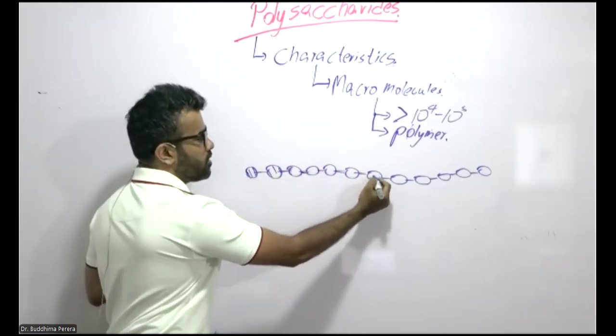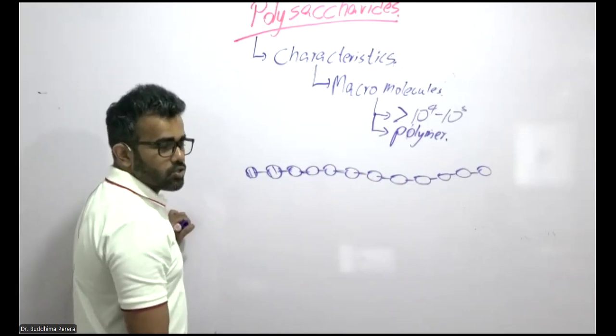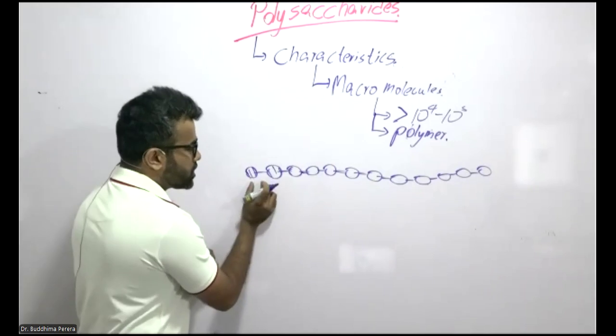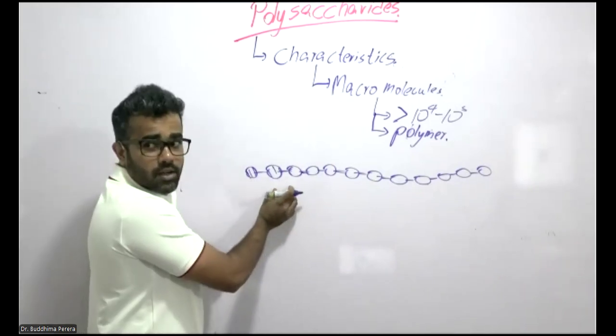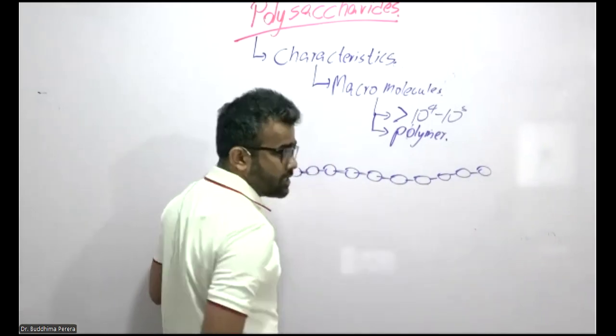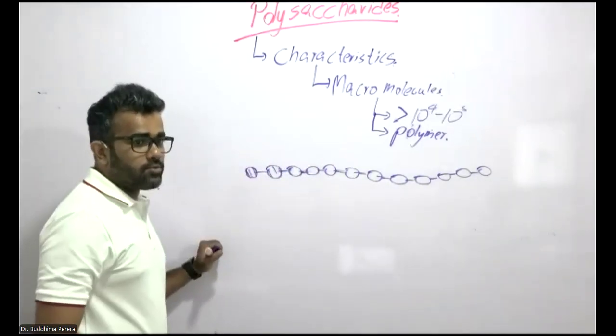This is called polymerization. When a molecule is formed in which subunits are joined together linearly, we call these polymers.